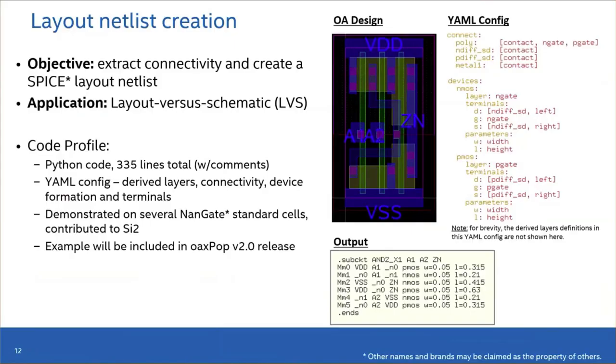Basically, it reads in a YAML file very similar to what I shared before for the connectivity buildup. Then it defines the devices. Here I'm extracting an NMOS and a PMOS device, associating them by the N gate and P gate derived layers. Then I identify the terminals.